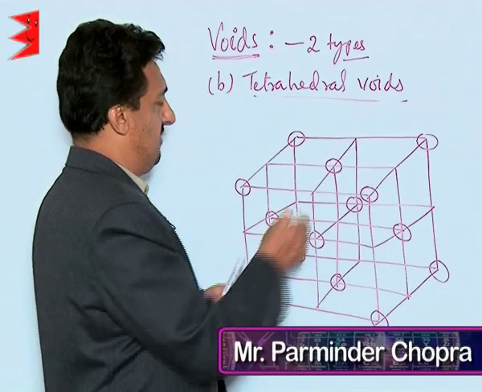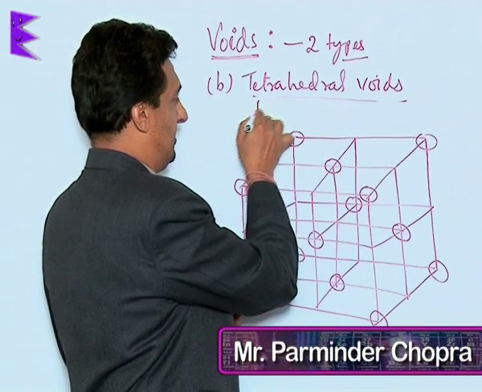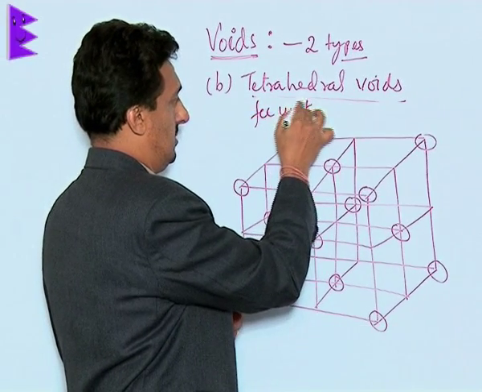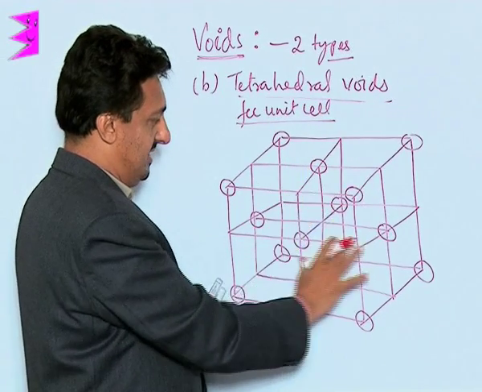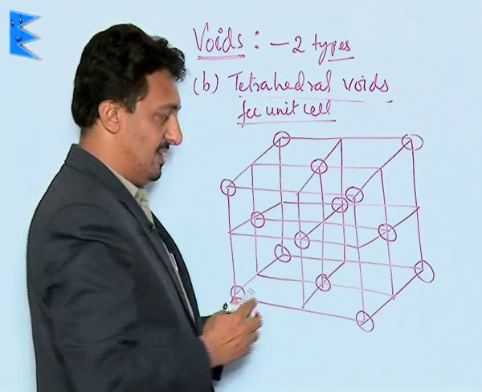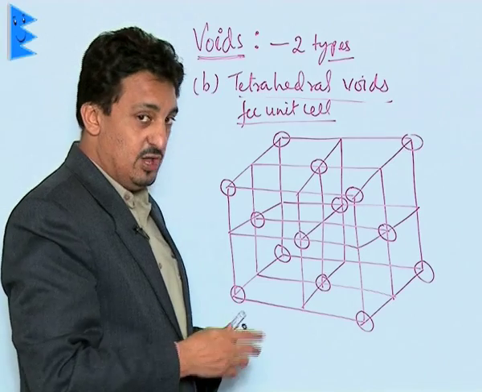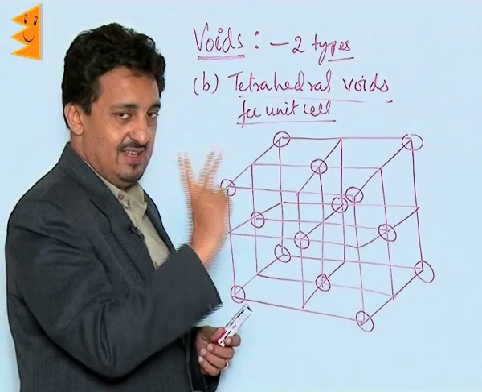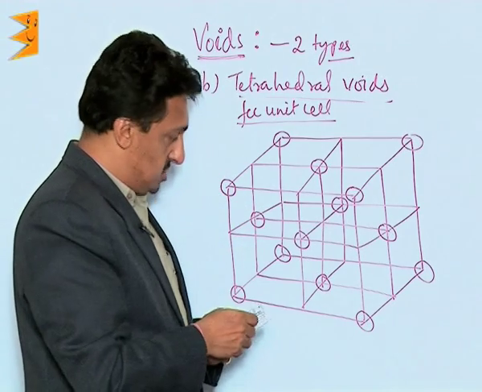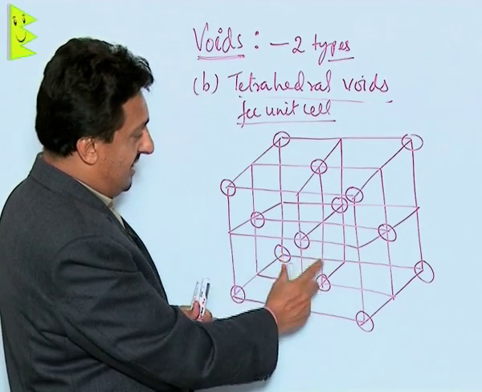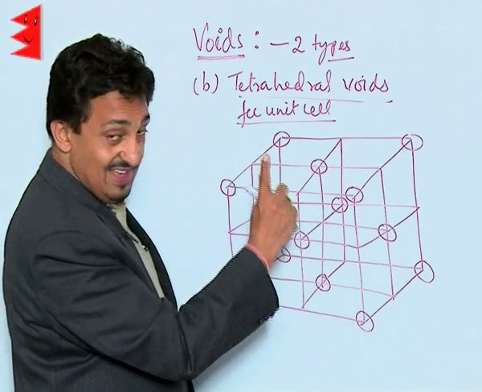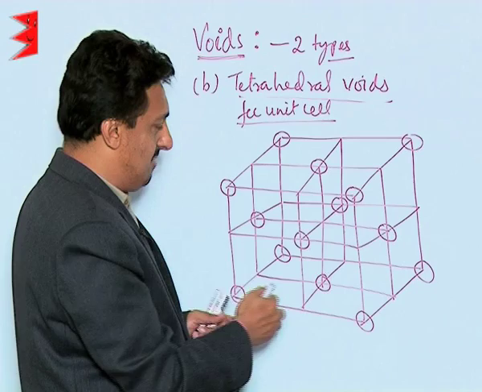This is what we have, an FCC unit cell. Now this is how the corner particles are, and we have particles at the center of each face. Now as I have told you, each body diagonal has two tetrahedral voids. So we have divided this unit cell into 8 parts. This is one unit cell which has been divided into 8 parts.